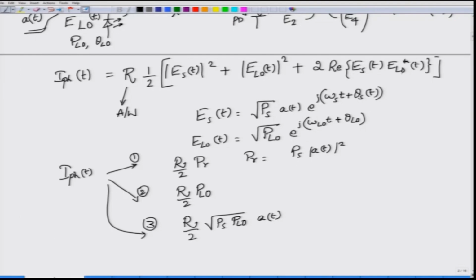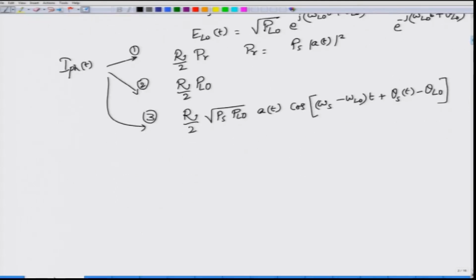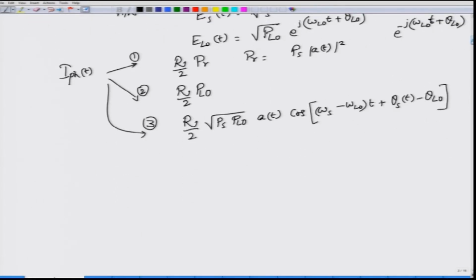So, if you take the complex conjugate of the local oscillator field, you will get e to the power minus j omega LO t plus theta LO. So, if you put that into this expression, what you see is cos of omega s minus omega LO t plus theta s of t minus theta LO. As I said, theta LO is just a constant for us in this particular scenario.